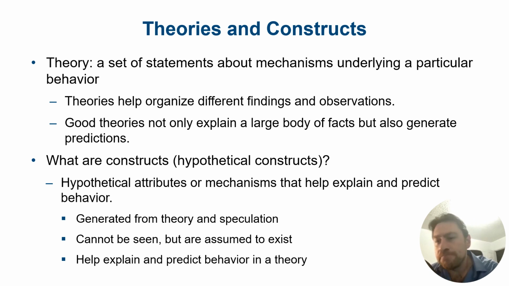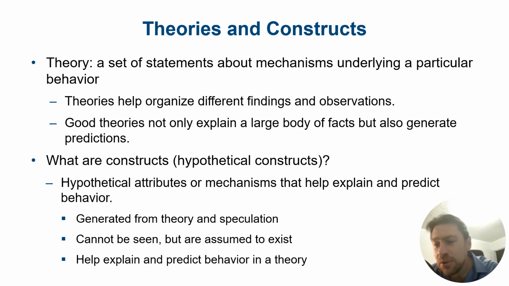So for example, many psychological theories posit the existence of psychological forces such as motivation or self-esteem. And although we can't directly observe motivation or self-esteem, we can describe these forces by observing their effects on behavior. For example, academic performance or criminality.